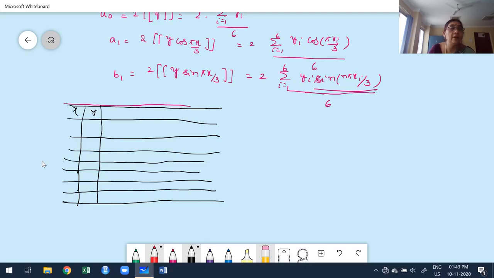What are the given values? 0, 9, 1, 18. If you use a different color, it is easy to identify properly. Then 3, 28. And next 4, I made a mistake here. Just a minute. This is actually 2, right? 2, 24.